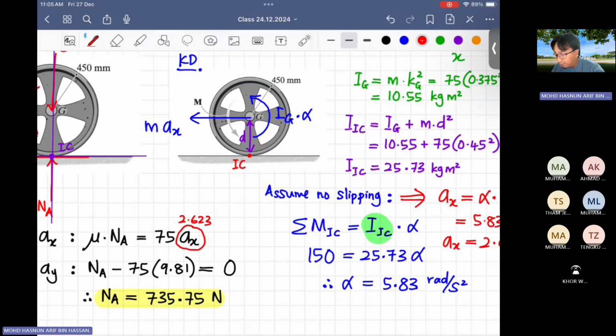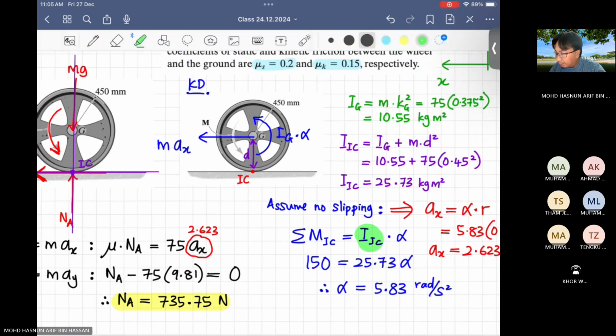When we get this value, then we can determine this mu Na, which is the friction.